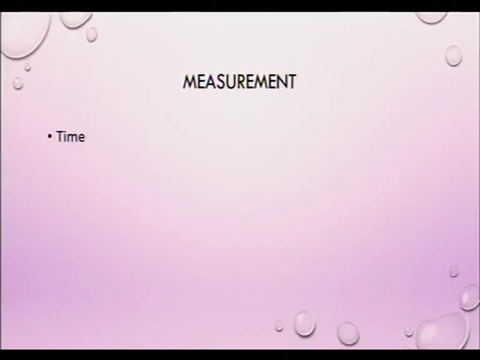Measurement in time. What activities can I give to my learners to develop an understanding of the concept of time? In a pre-primary or junior primary classroom, I should have my weekly calendar where I have the days of the week on my board or against my wall, posters.